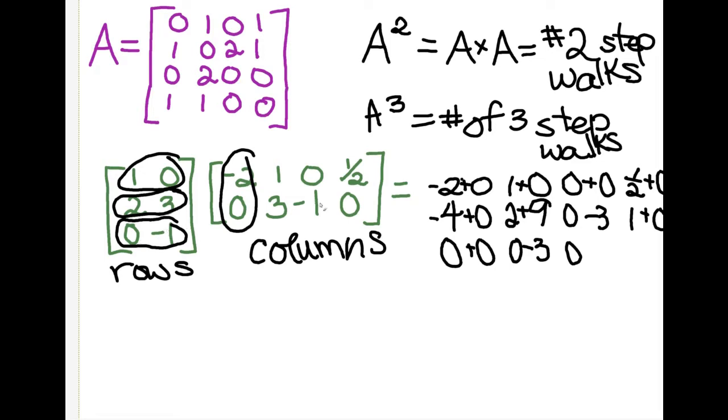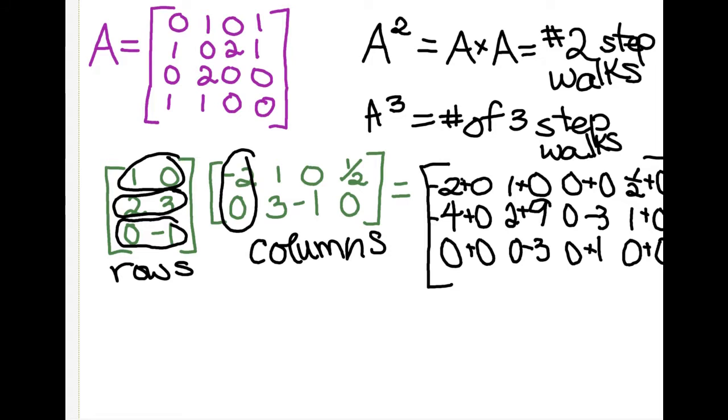Negative 1 times negative 1 is positive 1. 0 times a half is 0. Minus 1 times 0 is 0. So this is our answer for this multiplication of two matrices.